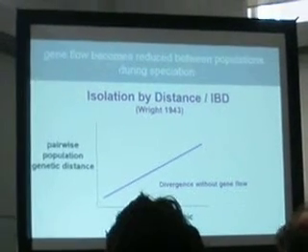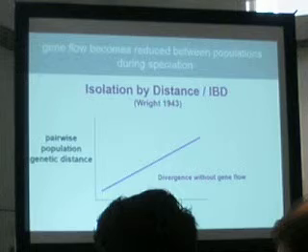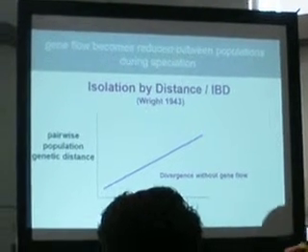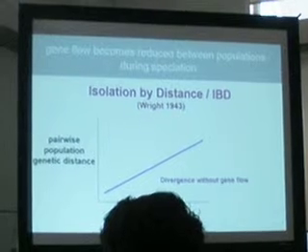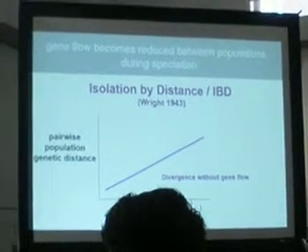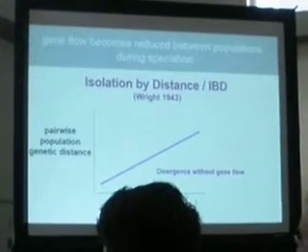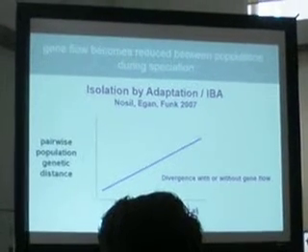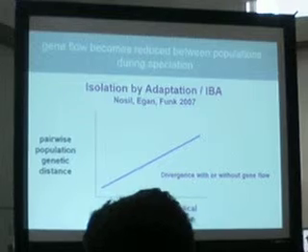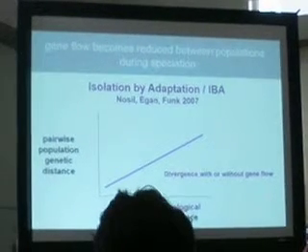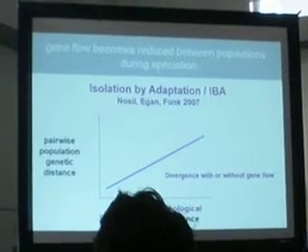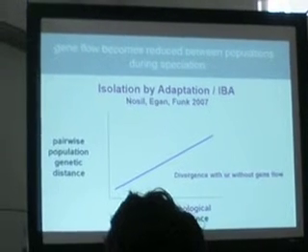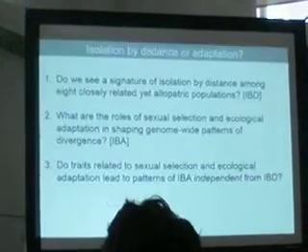The first is asking whether or not there's a simple pattern of isolation by distance in these populations such that pairwise geographic distance is somehow responsible for pairwise population genetic difference. We also wanted to test a model of isolation by adaptation, so taking all of those aspects of phenotypes that we know are divergent and asking whether or not they explain patterns of population genomic divergence.